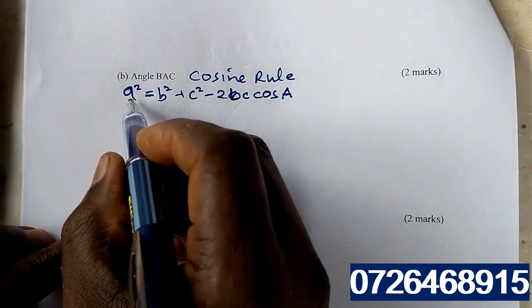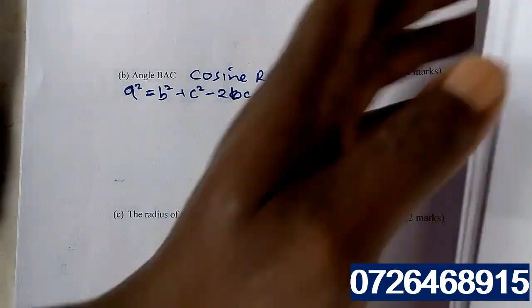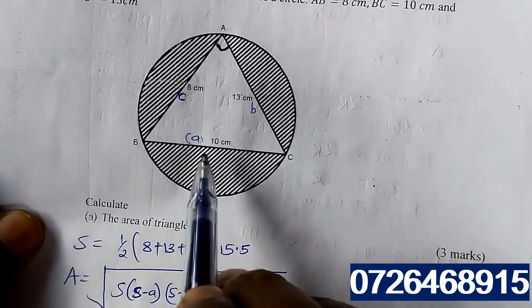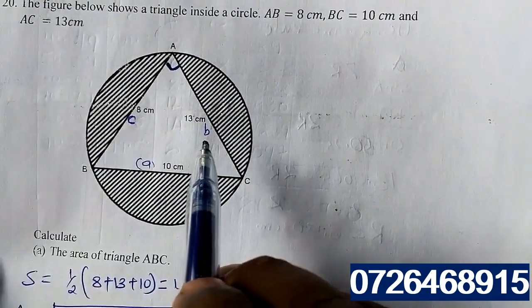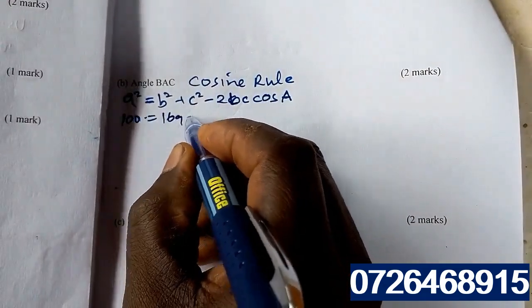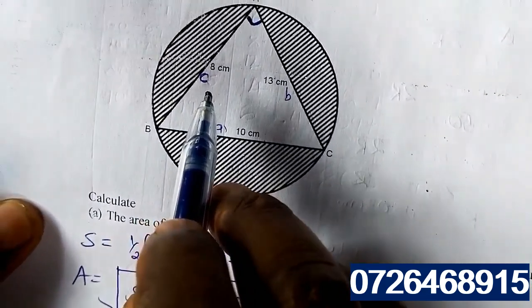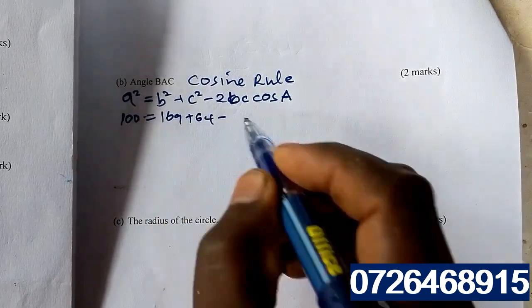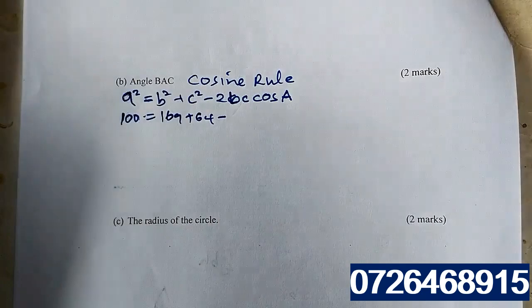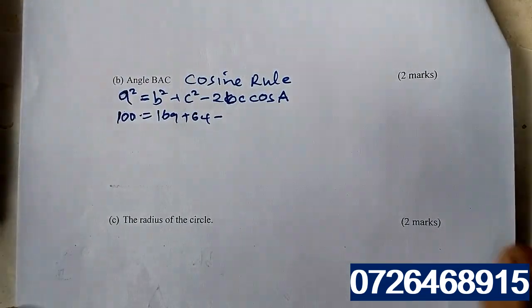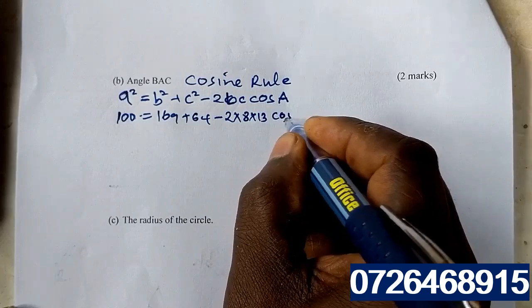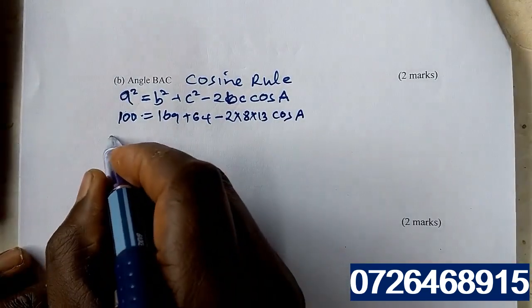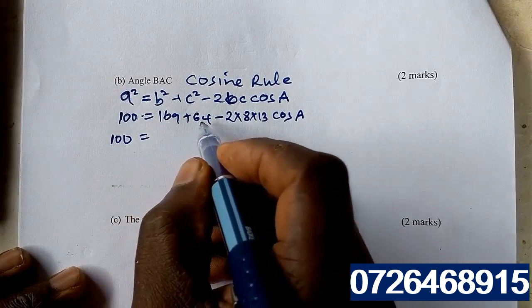Now you substitute A. Our A is 10. So you say 10 square is 100, is equal to B. Our B is 13. 13 square is 169 plus C square, which is 64, minus 2BC, which is going to be 2 times 8 times 13 cos A. So 100 is equal to 169 plus 64.